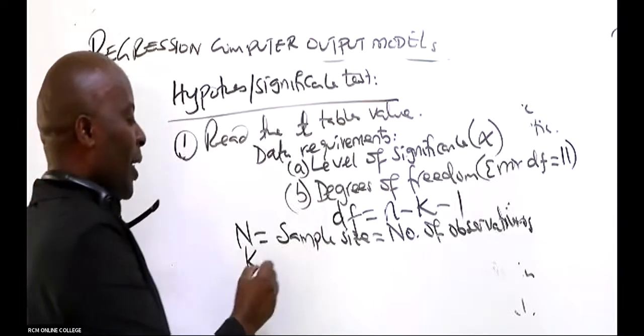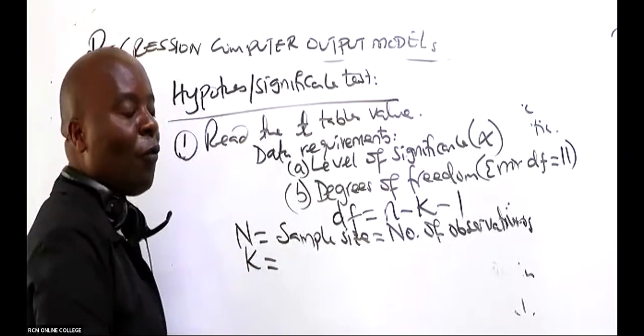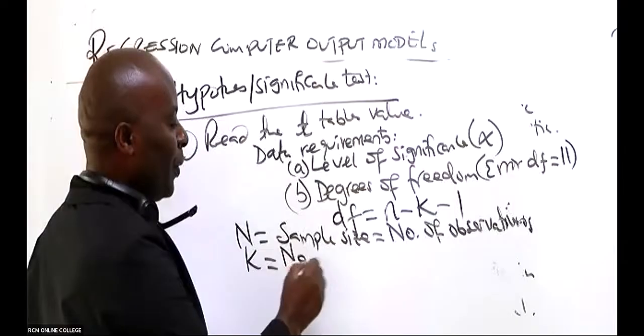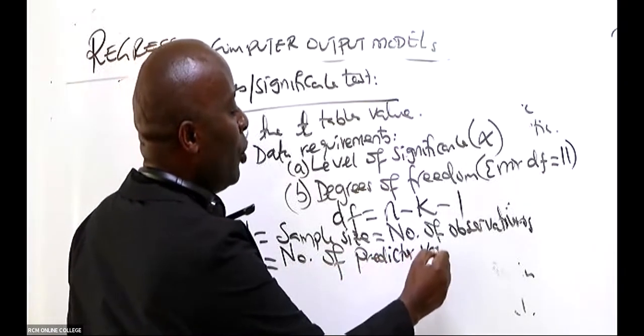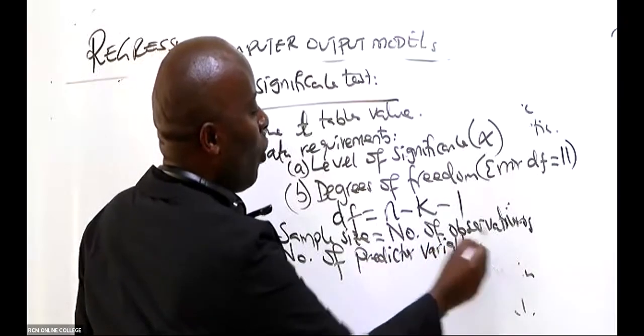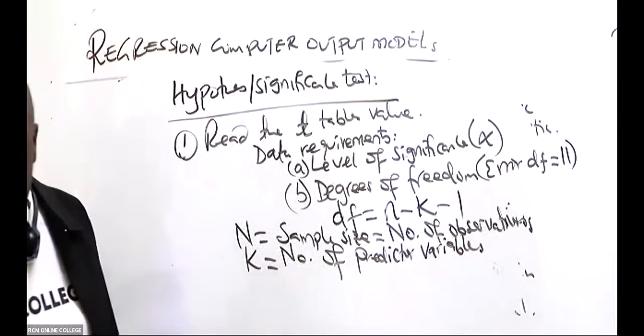K, ladies and gentlemen, K stands for number of predictor variables.